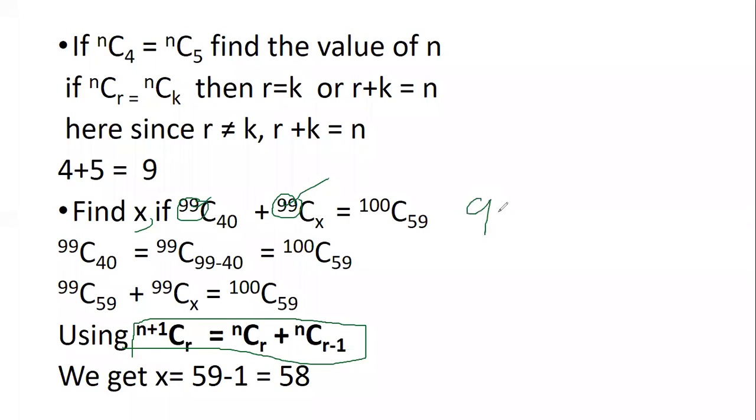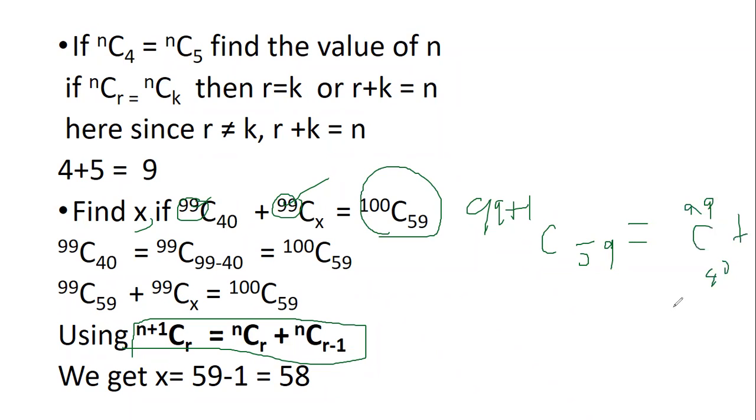So 99 plus 1 C59. That is how you can write this. 99 plus 1 C59 is equal to 99C40 plus 99Cx. We have to find this x.